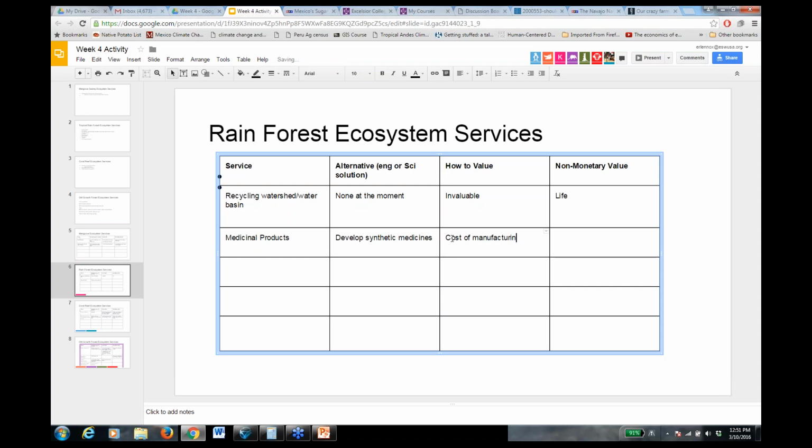And if you think back, another way to think about these is to think back to the planetary boundaries that Erin talked about, and think about which ecosystems have the biggest impact on controlling those boundaries and keeping things within those boundaries. All of these obviously have an impact on biodiversity and genetic diversity. Some of them, the forests in particular, have an impact on climate change and carbon cycle limitations.